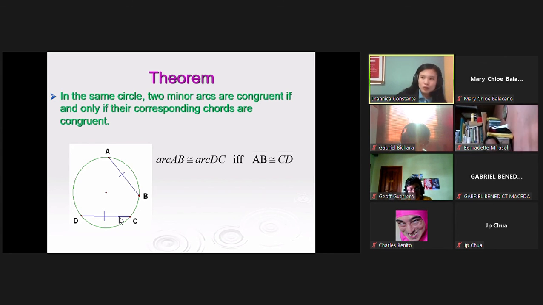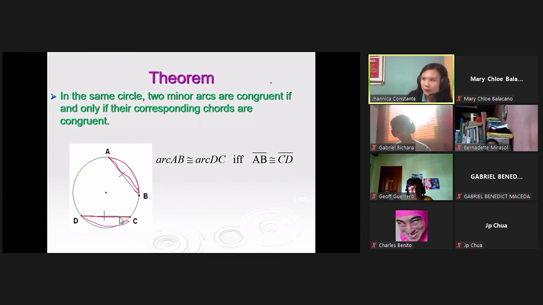If the two chords are equal in measurement, that means their minor arcs are also congruent. Okay, so the measurement of chord AB is equal to chord DC. That means arc AB is equal to arc DC.